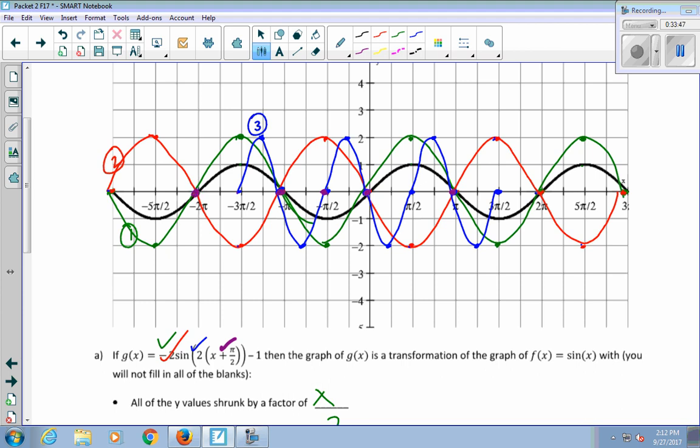And then I'm going to do the maxes. 2 tick marks to the left. 2 tick marks. 2 tick marks. There we go. And then the mins all have to move 2 tick marks to the left.